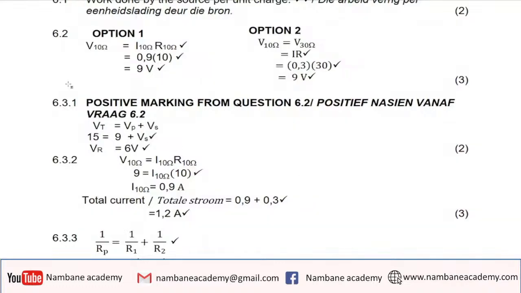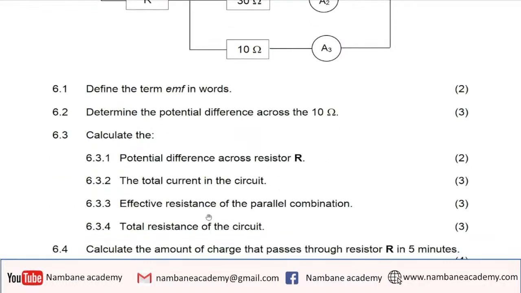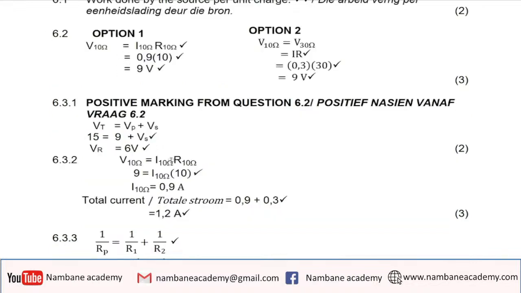And then 6.3.2, we have to calculate the total current in the circuit. Now, for that one also, we can say maybe the total current in the whole is going to be 9.